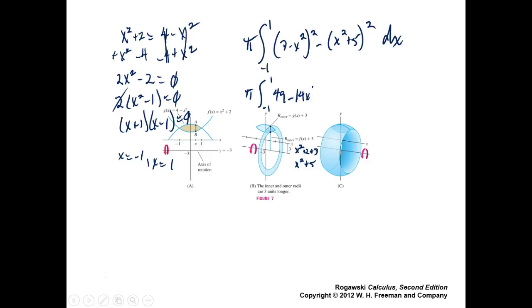Remember, twice the cross product. Okay, 14x squared plus x to the fourth, because it's minus and minus, that's plus, minus, let's put this one in parentheses. What do you have there? X to the fourth plus 10x squared plus 25 dx. Okay?